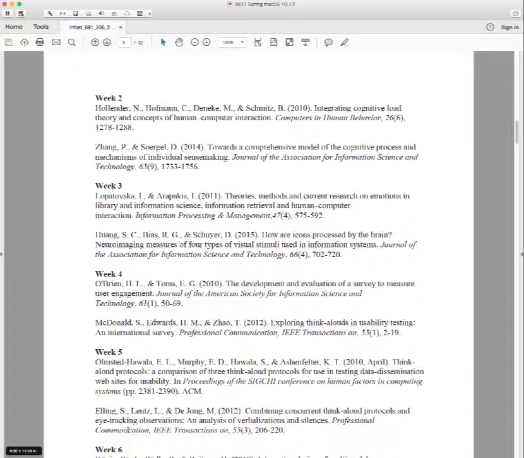Okay? So here we have a list of articles, and then we're going to have a schedule in which we list the articles again, and then we put the articles into context, of what week they're going to go into.